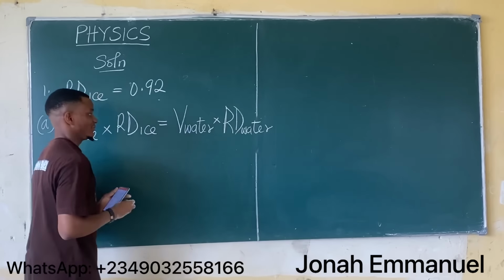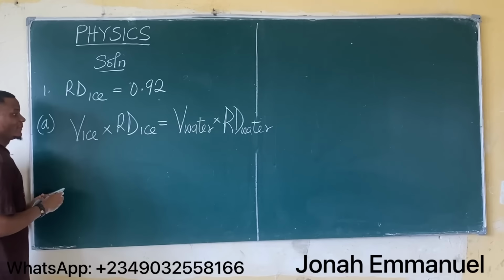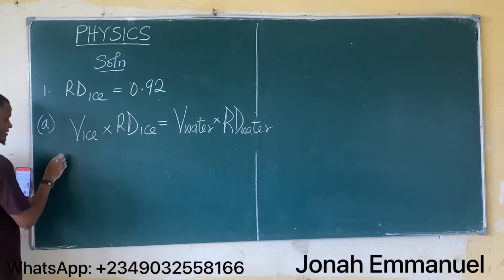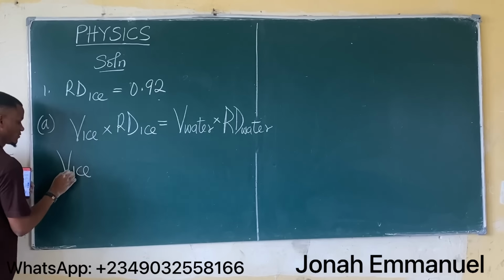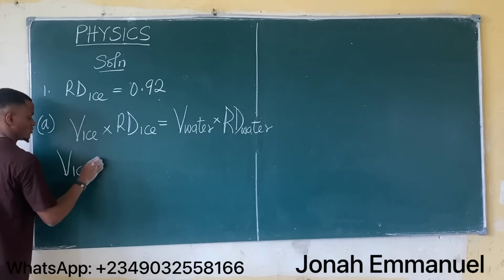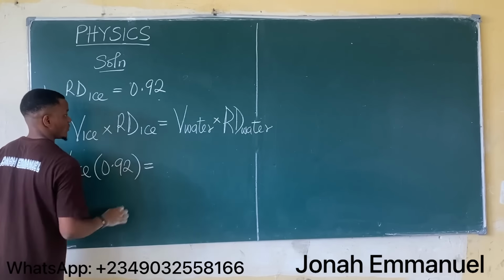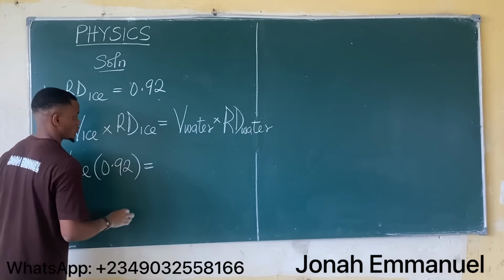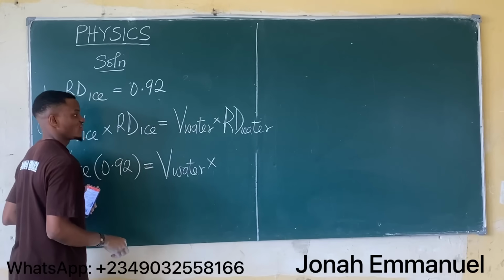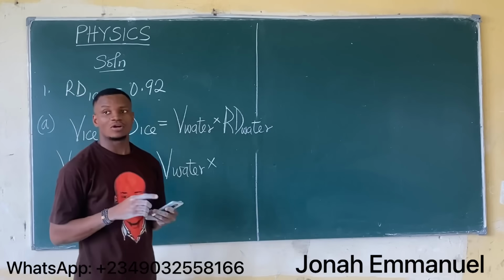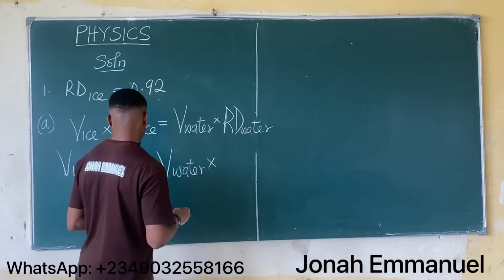This is a simple concept. So from here, I have volume of ice times 0.92 is equal to volume of water times the relative density of water. On the question there is 1 gram per cm cube. So I have 1.